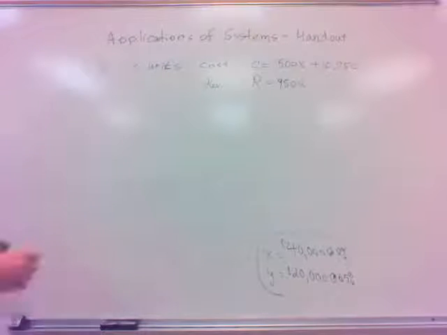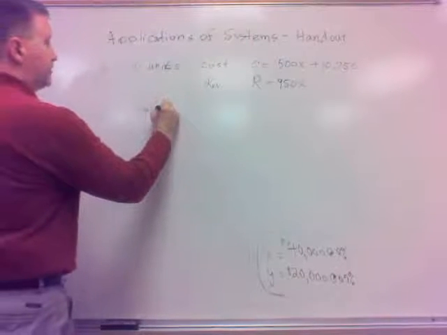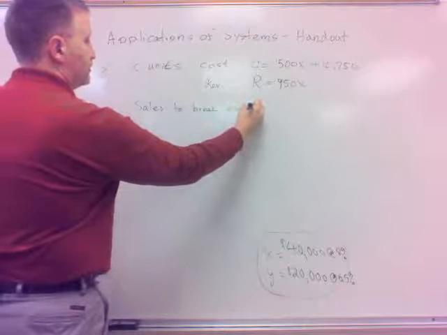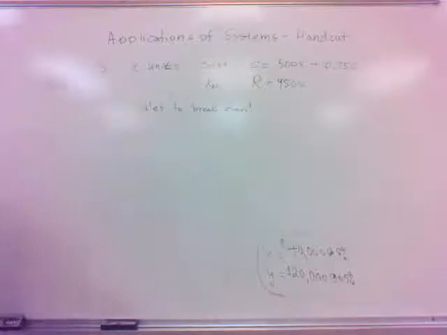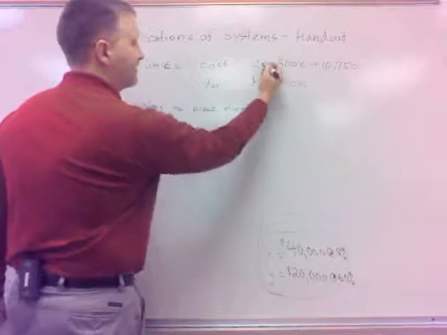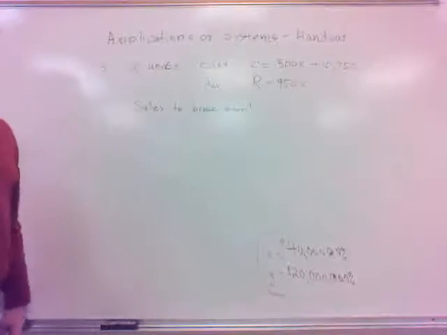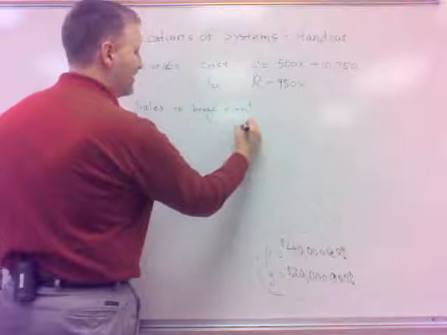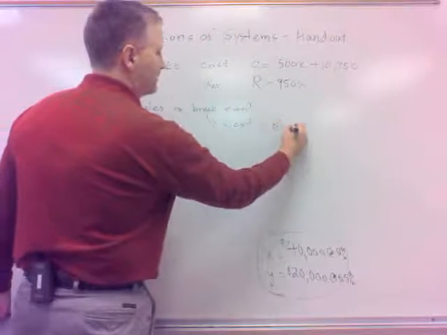Well, what we're wanting there, of course, is when we break even, the cost and the revenue, what would be true about that? They would be equal, yeah. Our cost would exactly equal our revenue.